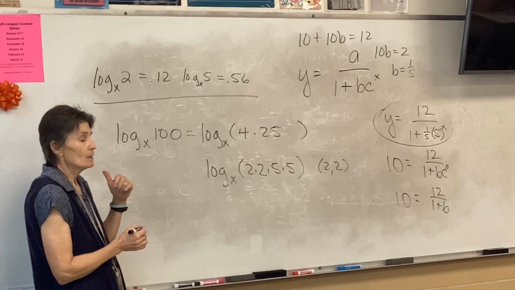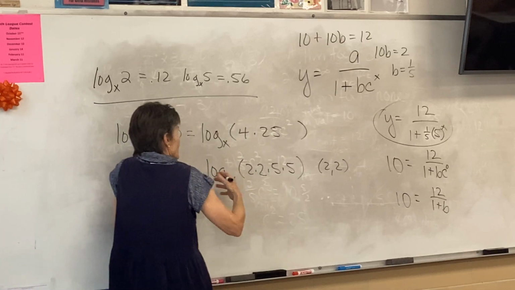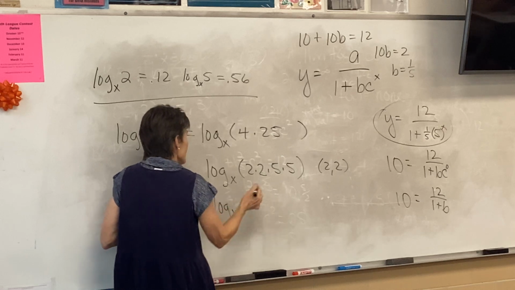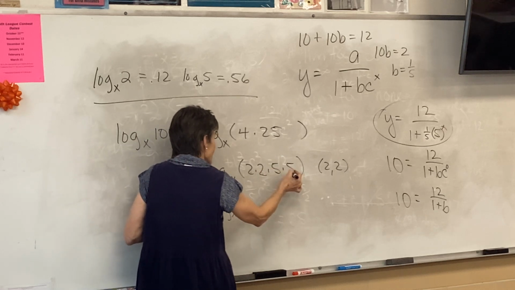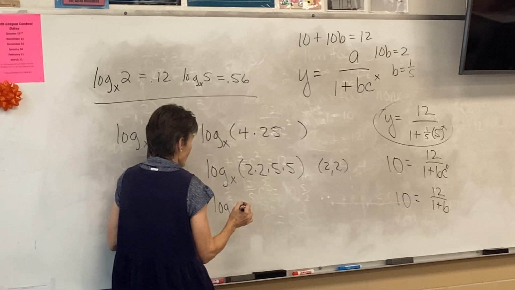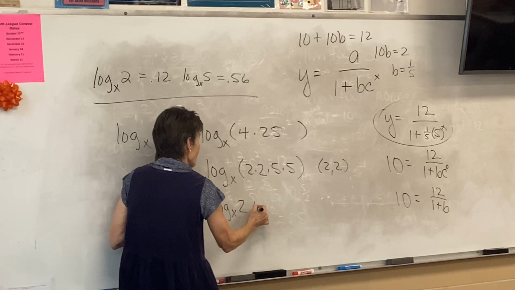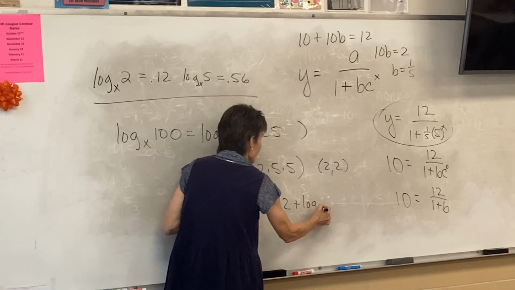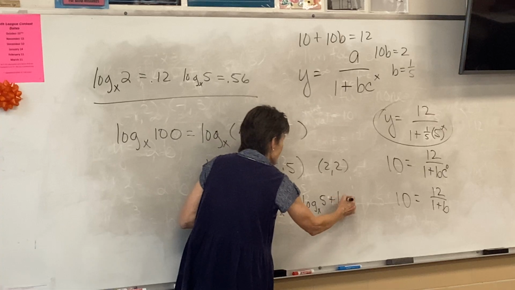Now, I'm going to expand this using my properties of logarithms. Since these numbers are being multiplied, they're not exponents. When I break them apart, I am going to add them. Remember that? That's one of your properties of logarithms.